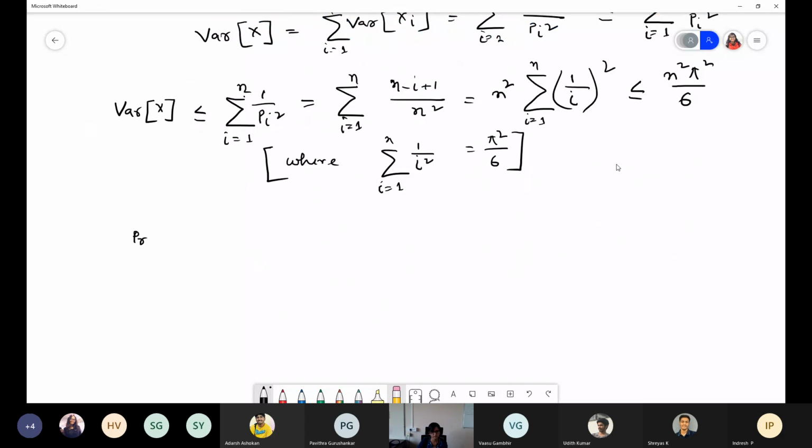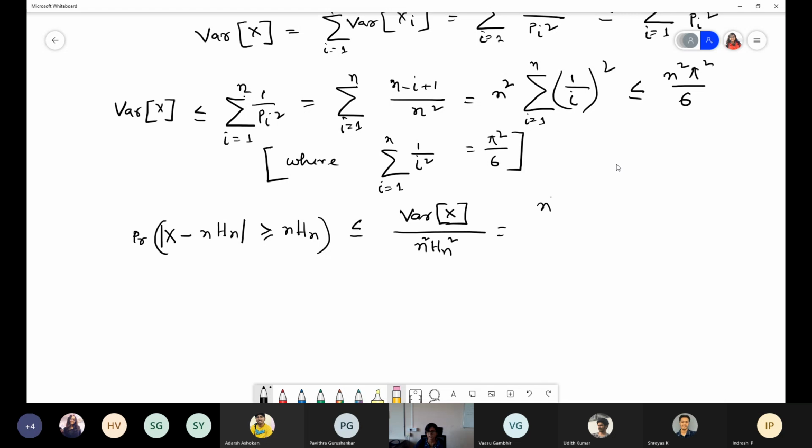So probability of X minus EX, which is n Hn, greater than or equal to, I want to see how much it is varying from this n Hn value, this will be less than or equal to variance of X by this square, n square Hn square.